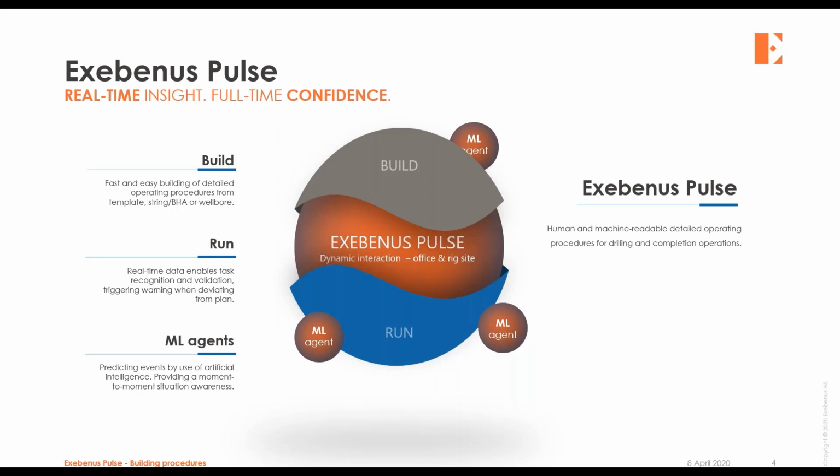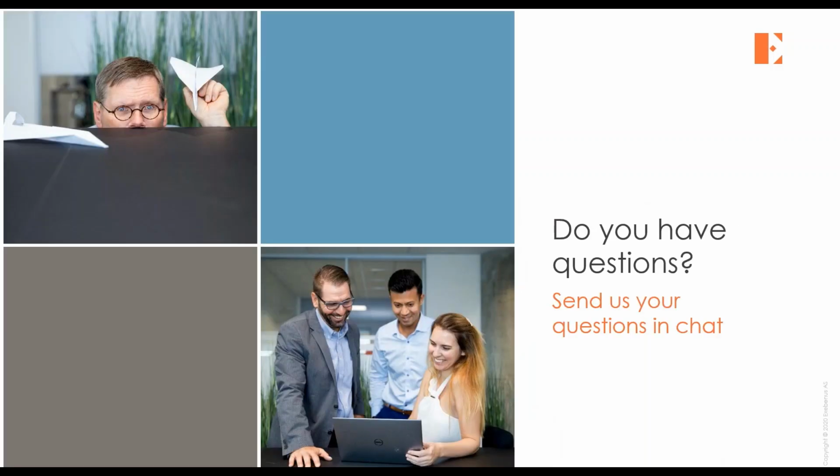In addition to these two modules, we have machine learning agents that help you analyze the data that you have coming in with real-time and predict hazardous situations such as differential sticking or wellbore conditions, which again could indicate stuck pipe potential. But let me introduce you to our presenter today, which is Namit Singh.